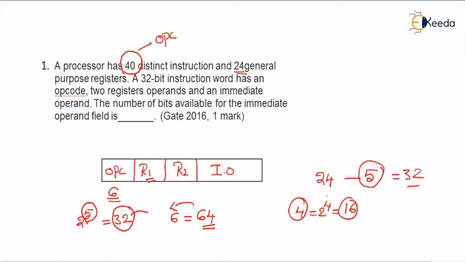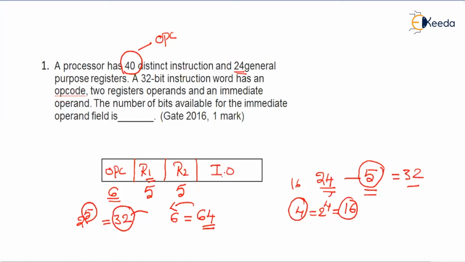This 24 is in between 16 and 32, so I use 5 bits, by which I can represent any of the available 24 registers. So R1 is equal to 5 bits. Of course, R2 is also equal to 5 bits.